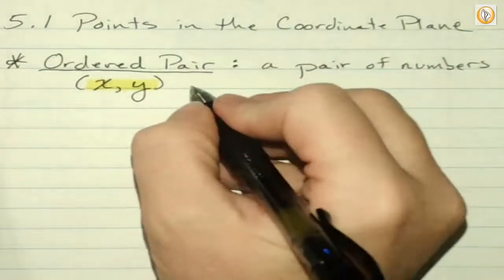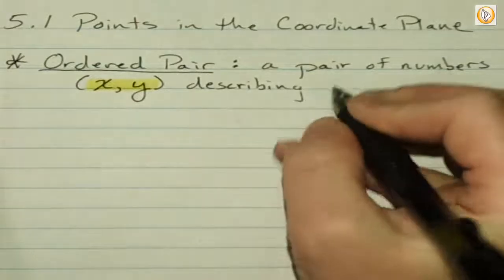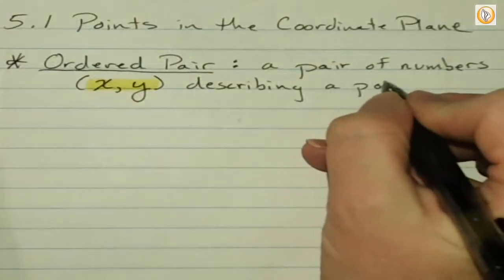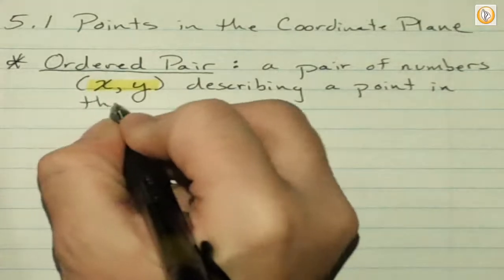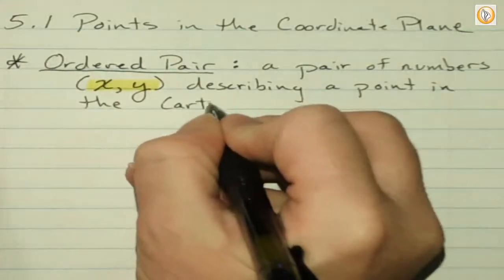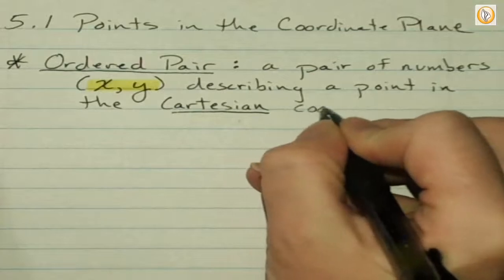They're describing a point in the Cartesian coordinate plane.